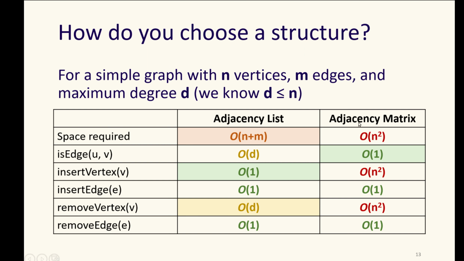Whereas an adjacency matrix, of course, because it's size of vertices by size of vertices, will be n squared for n vertices.